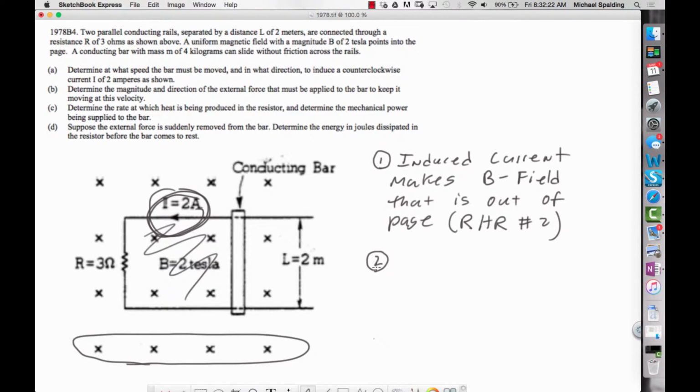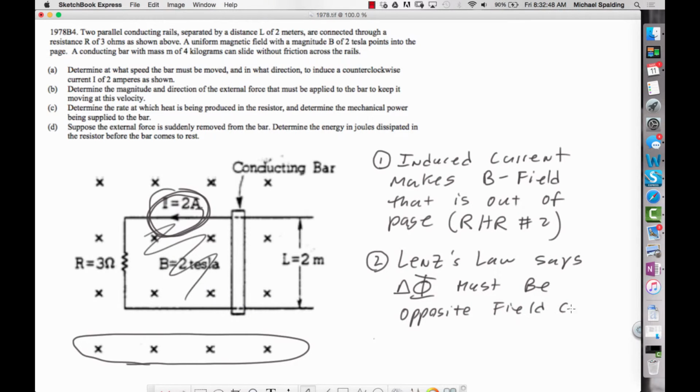So what does Lenz's law say? Lenz's law says that the change in magnetic flux must be opposite the field created by the induced current.